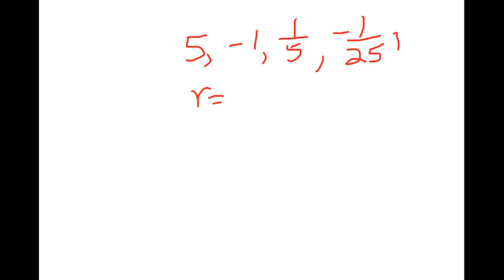No? Okay, so let me help you guys to figure out the common ratio. One of the ways to calculate the common ratio, guys, is to go ahead and choose 2 consecutive terms, like the 5 and the -1, and then divide them, okay? So for you to figure out the common ratio, let me go back to the one that we did previously, guys. 12, 6, 3, I think the next one is 3/2.